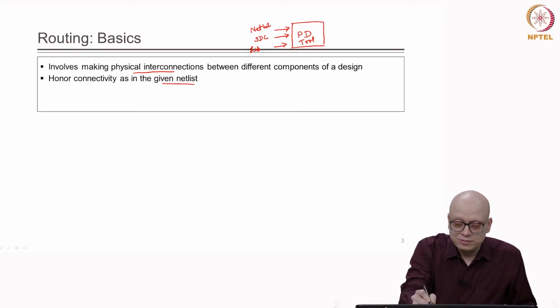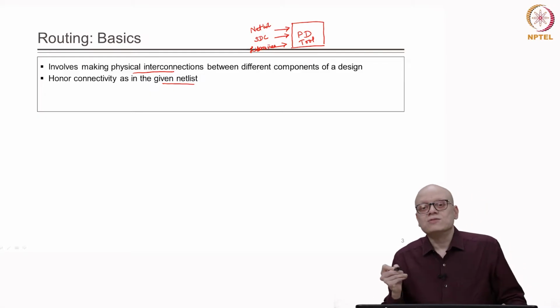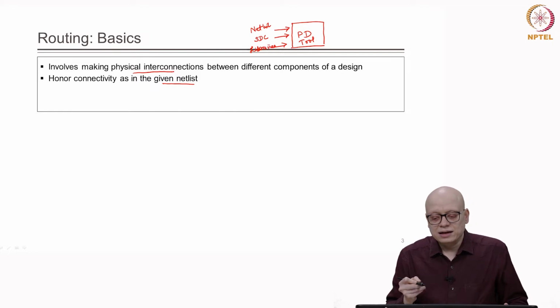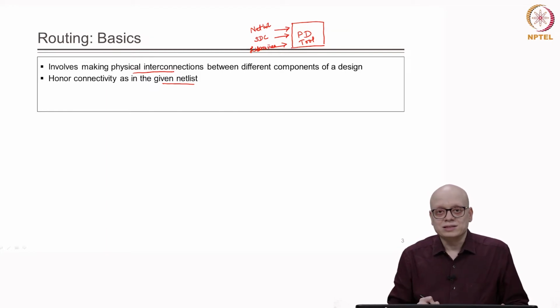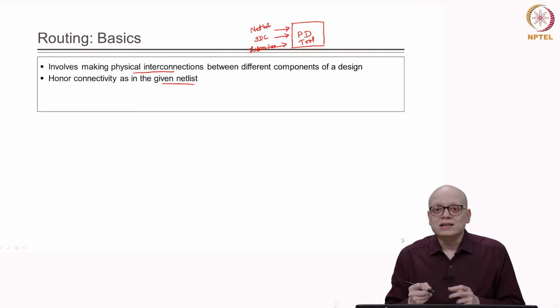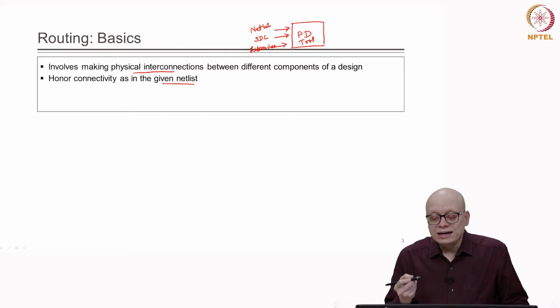We have seen that there are two types of libraries. The first is the technology library that we saw in detail when we discussed logic synthesis, and the physical libraries which are typically in the form of LEF. So, these are the three most important things that a PD tool needs.